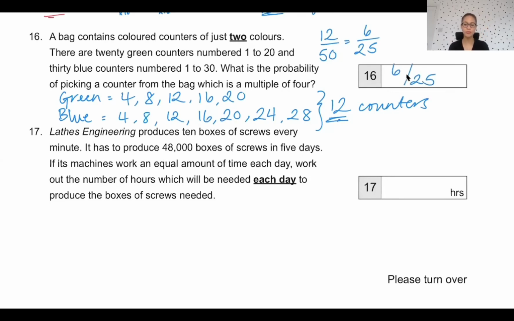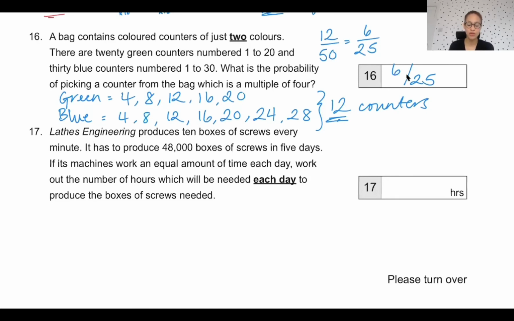Okay. Have a look at the next one. Good. Let's give them a few seconds to finish that off. So Lathes Engineering produces 10 boxes of screws every minute.